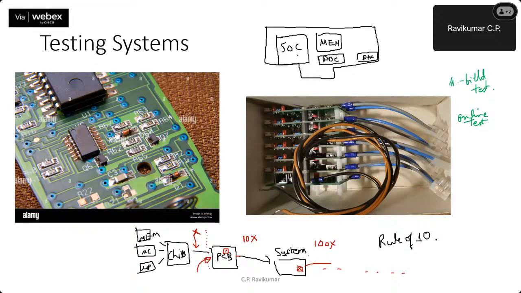So this has been a big problem with system makers, those who create electronic systems. So earlier they used to use what are called ad hoc techniques.